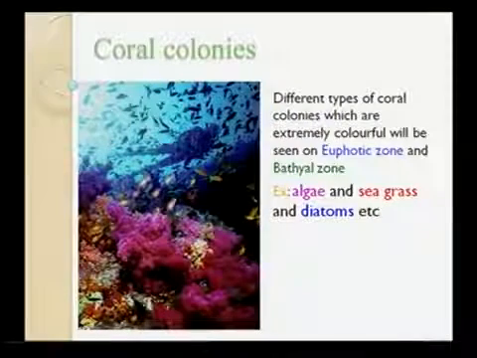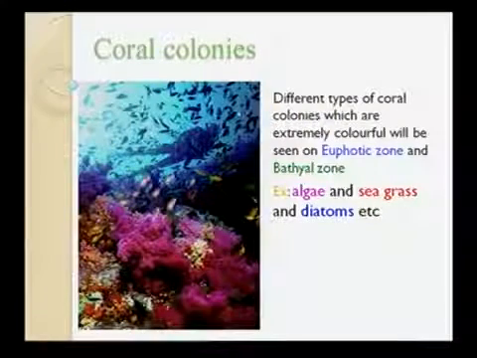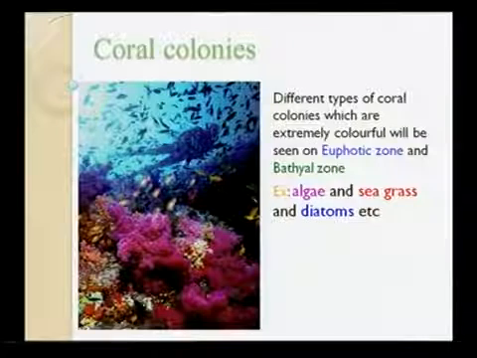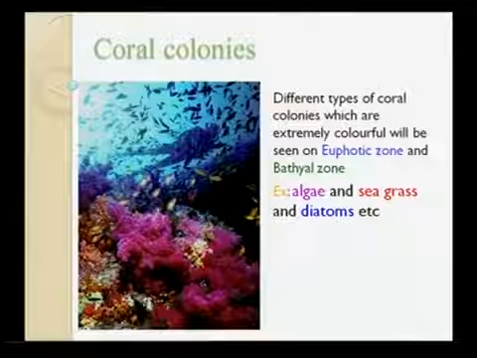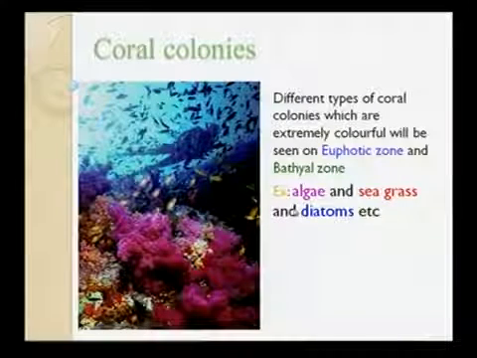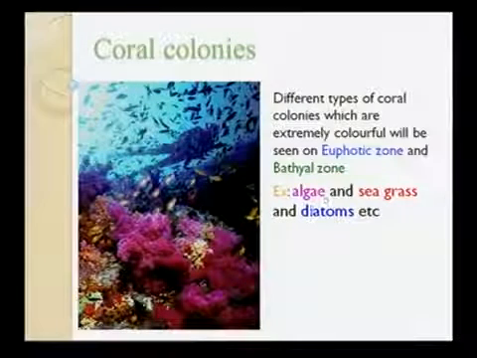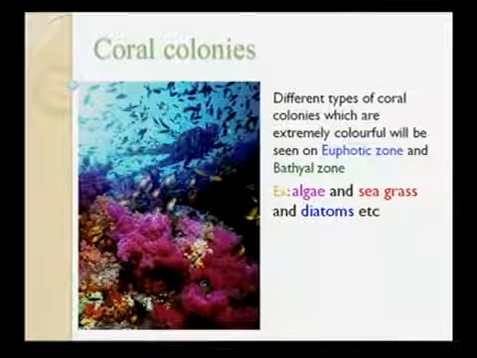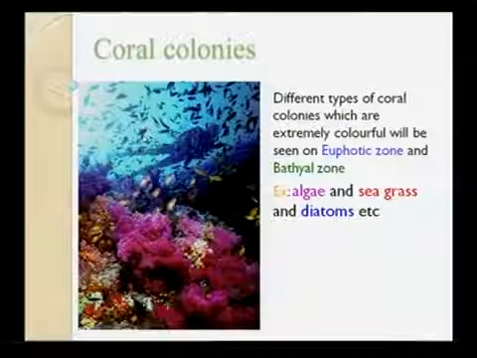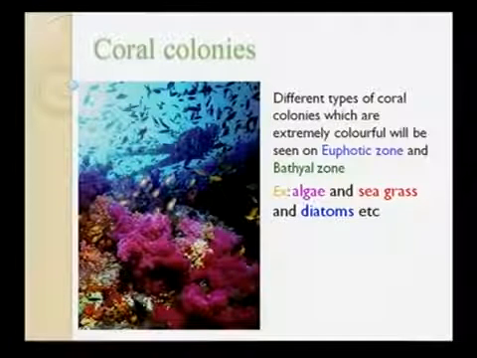Look at this. There are coral colonies. These beautiful coral colonies can survive in the aphotic zone, and they can also survive in the bathyal zone. And some plants like algae, sea grasses, diatoms can also survive in the first zone. What's that? Yes, aphotic zone.